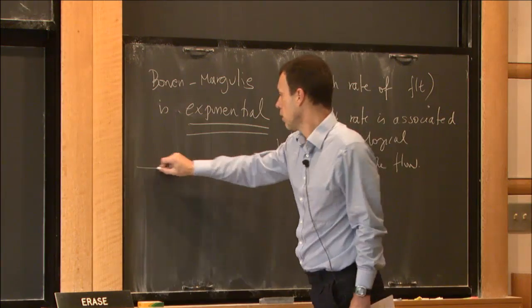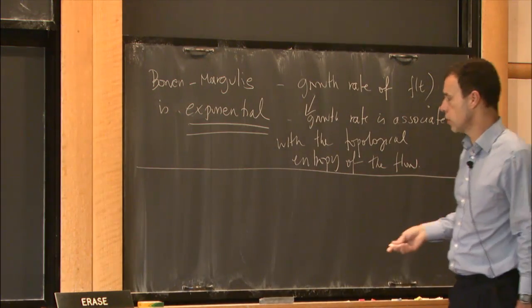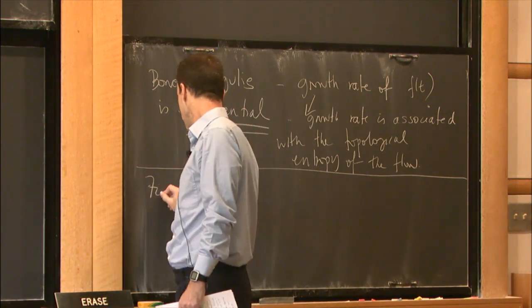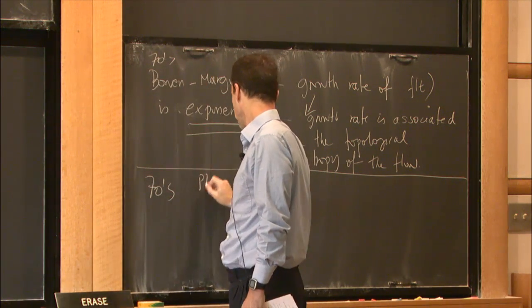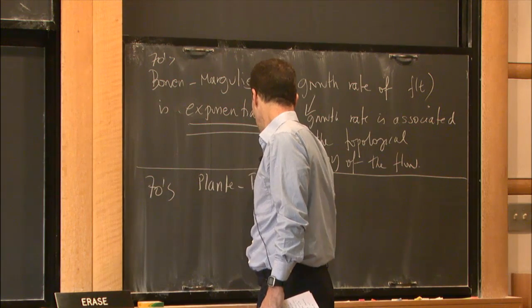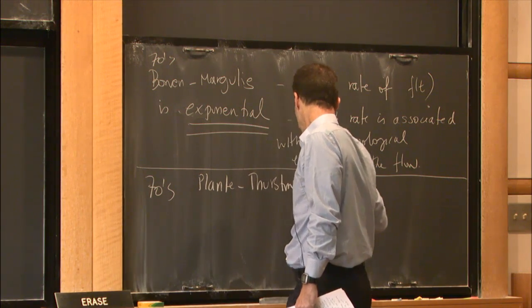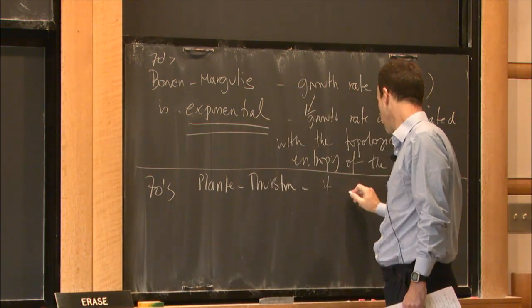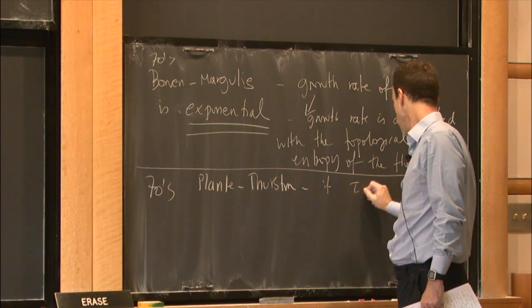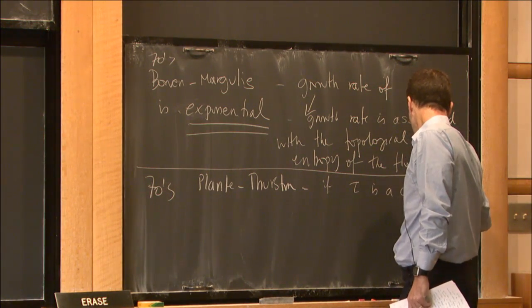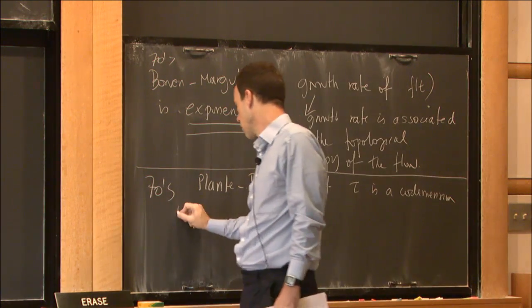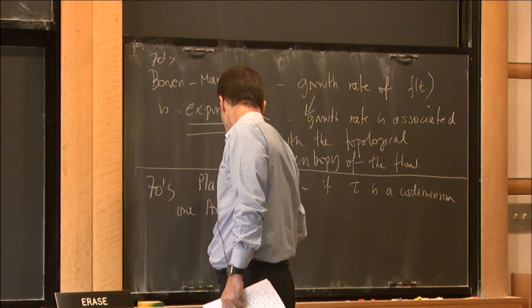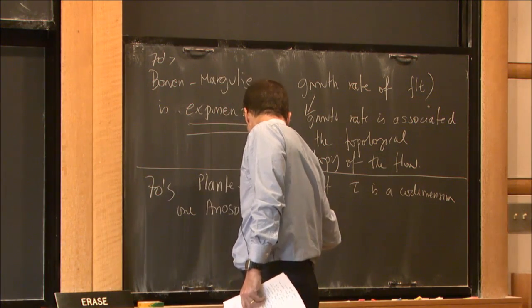Okay. All right. So in the 70s, Plante and Thurston showed that if tau is a codimension 1 Anosov flow.